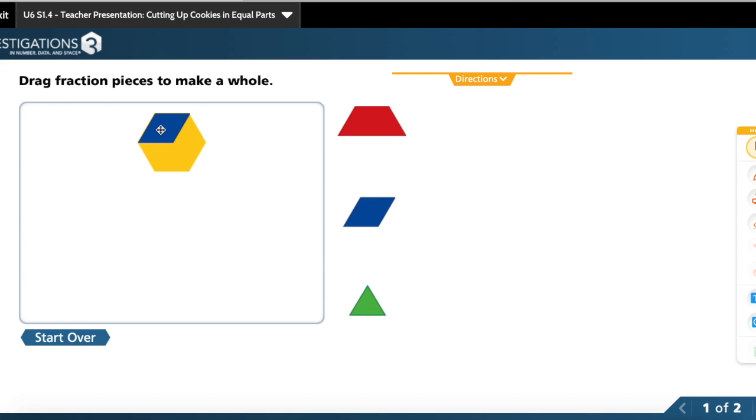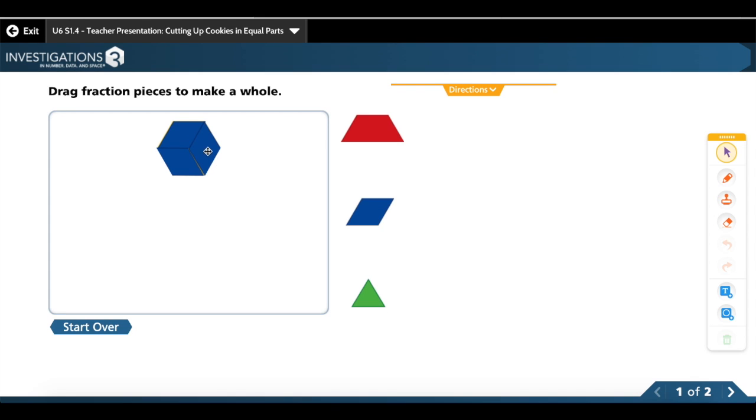So if I'm going to start with first my blue rhombus, I see that there's one, and I can just flip it by touching the corner right over here, to make sure it fits perfectly. So how many blue rhombuses did I need in order to fill up my yellow hexagon? You said 3, you're right.